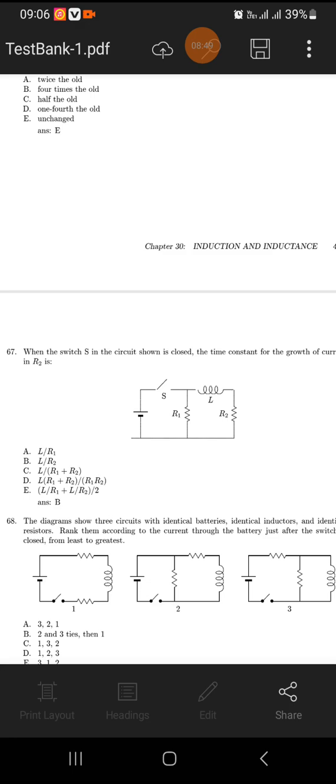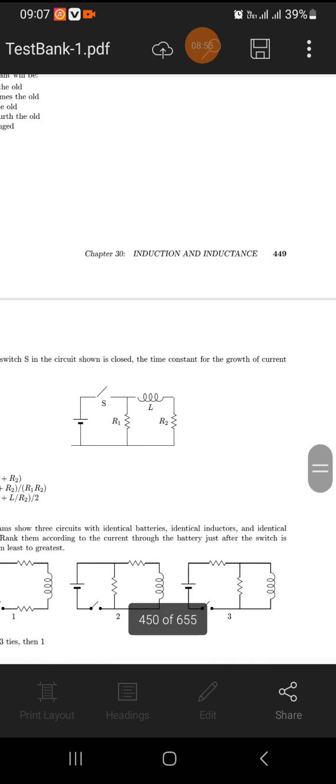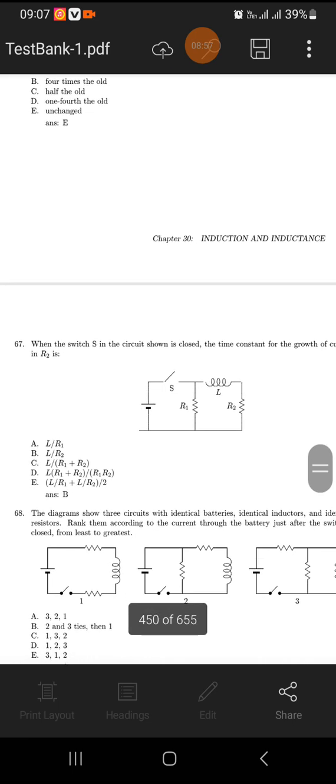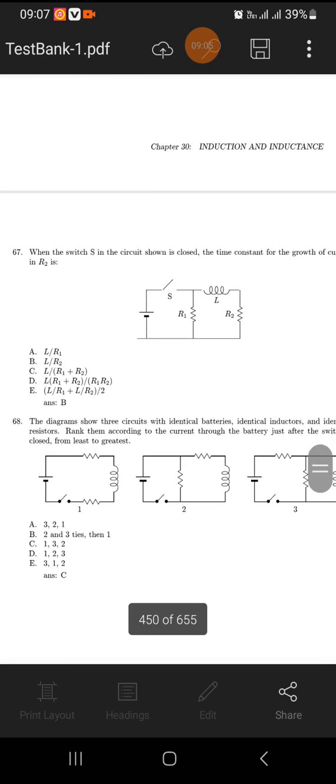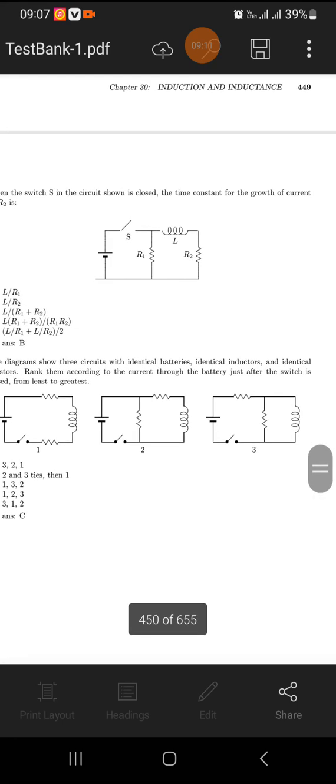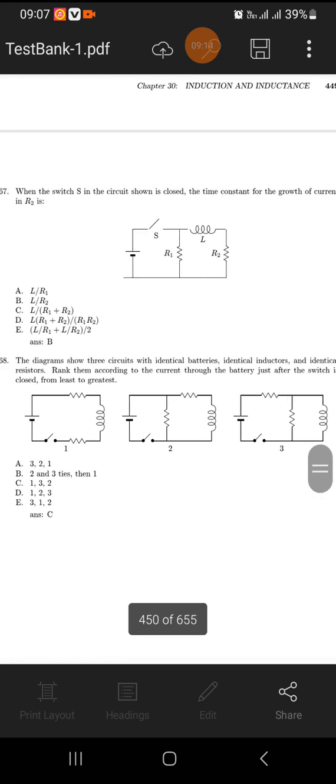When the switch S in the circuit shown is closed, the time constant for growth of current in R2 is what? It is B. B is L over R2. The diagrams show 3 circuits with identical batteries, identical inductors, and identical resistors.